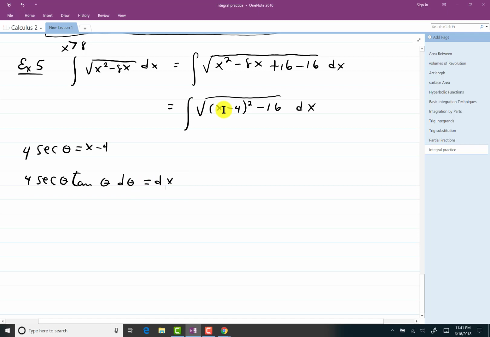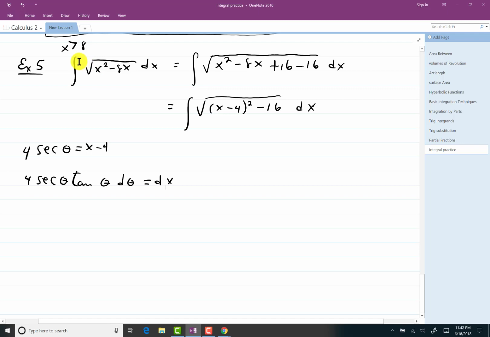And I just realized x can't be anything at once in this scenario. Certain x values make this negative. In fact, if x is around 4, the interior of this will be negative. The problem specified that x is greater than 8. Well, if x is 8, then 8 minus 4 squared is 16, minus 16 is 0.